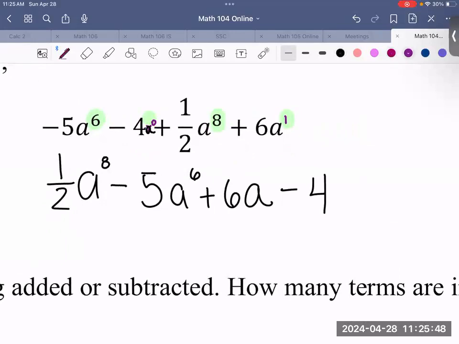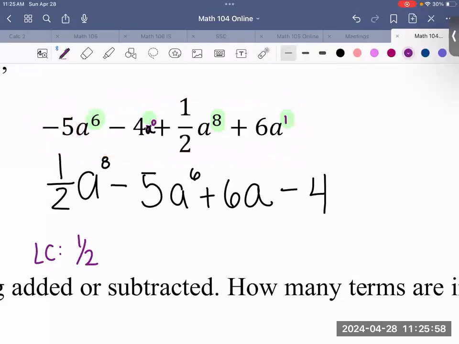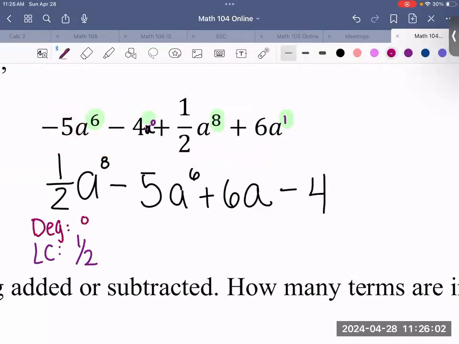Your leading coefficient is 1/2. A lot of us, if we were to do it up here, would have maybe said -5. It happens every time. So instead, always use descending order so that you can see where the highest degree is, which is out front. Now we always want to order our terms from highest to lowest.